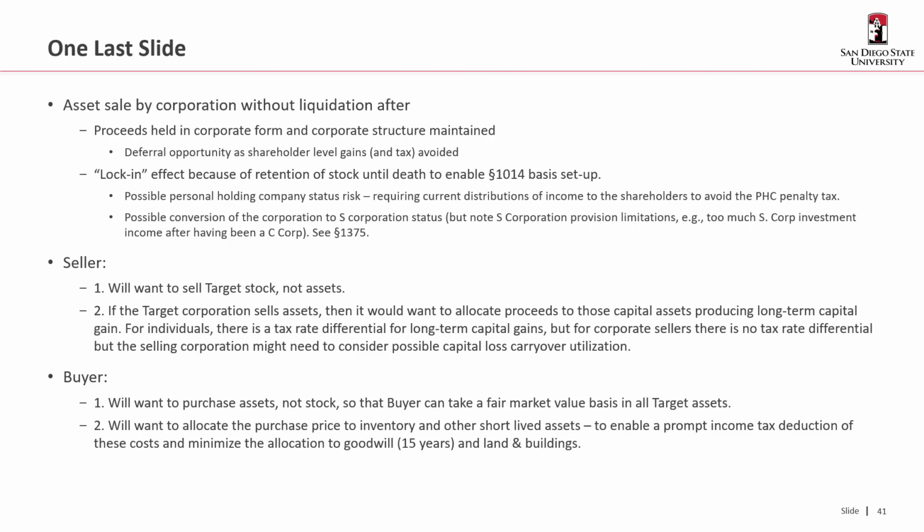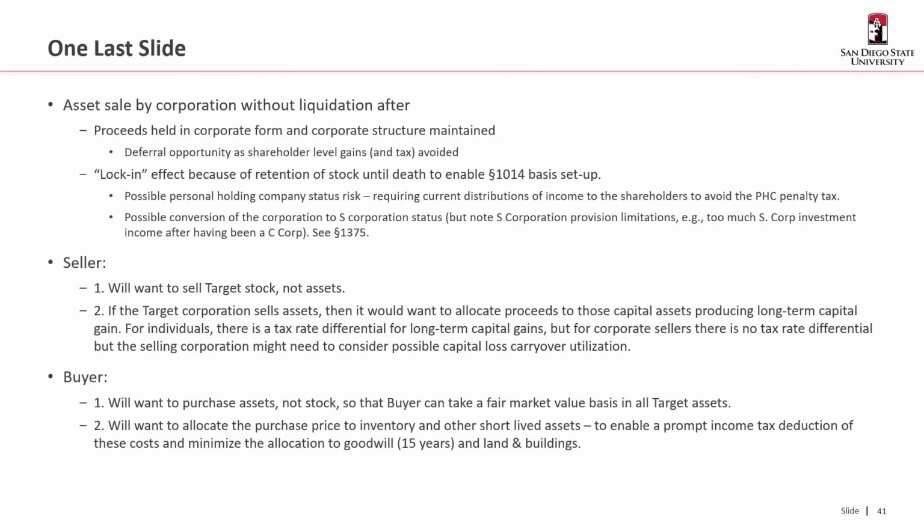Okay, one last area I want to talk about is an asset sale by a corporation without liquidation afterward. Okay, so let's imagine that what we have is this corporation sells all its assets off, but it maintains its corporate form. It does not liquidate. So what happens is there's this deferral opportunity, right?